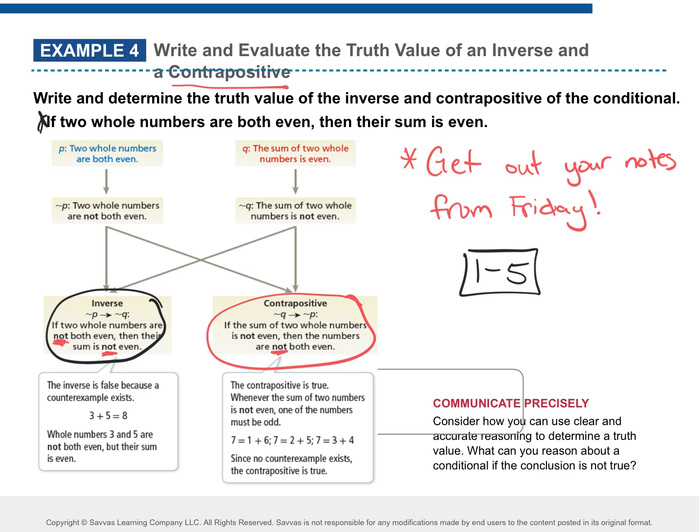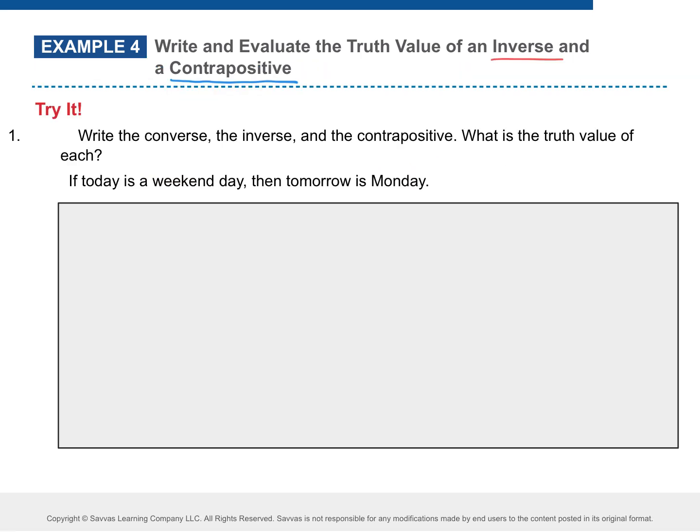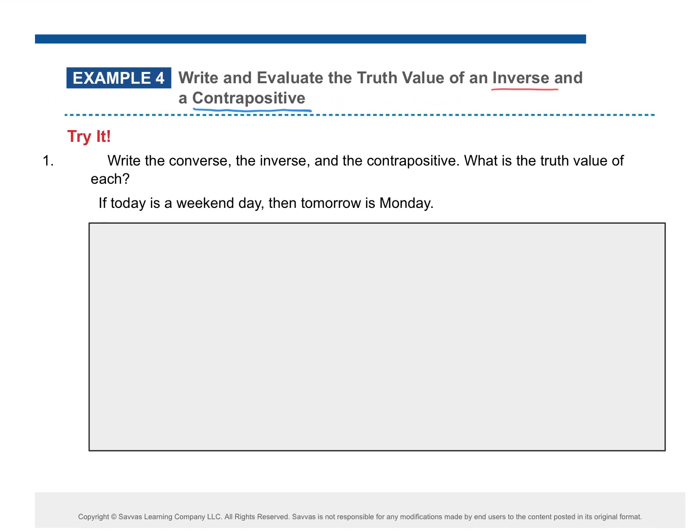Okay, for example, I'm on page 3 of your notes. Example 4. I want you to write the inverse and the contrapositive of that statement on number 4. Write the inverse and the contrapositive. Okay, if you want to check, here's what I put.